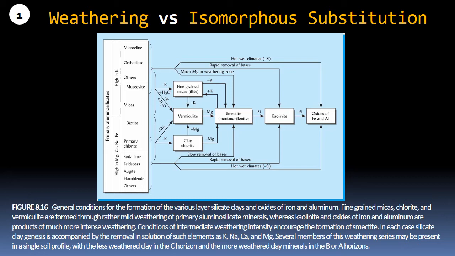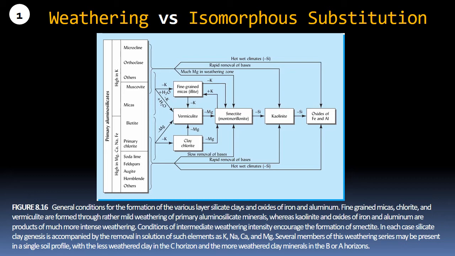Well, basically, if the soil undergoes physical and chemical weathering, it will change in size, but chemical weathering would also change its structure, and it will end up in the formation of new types of minerals. It will form from primary minerals to secondary minerals.